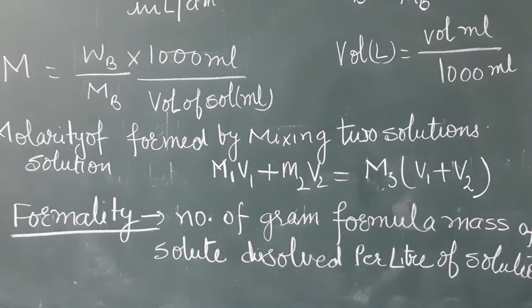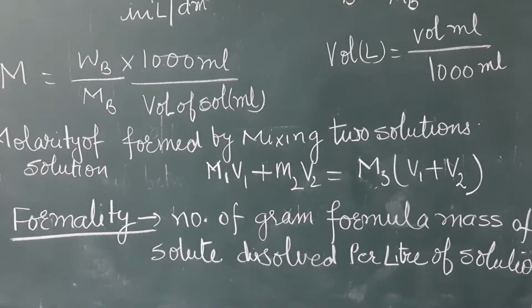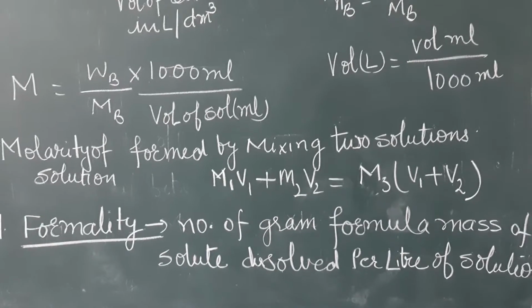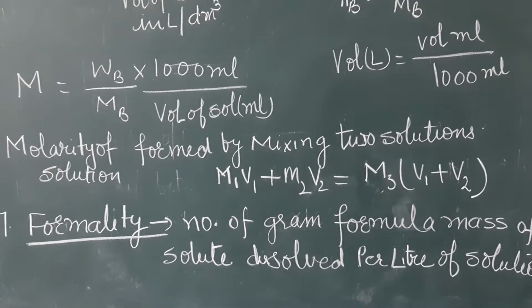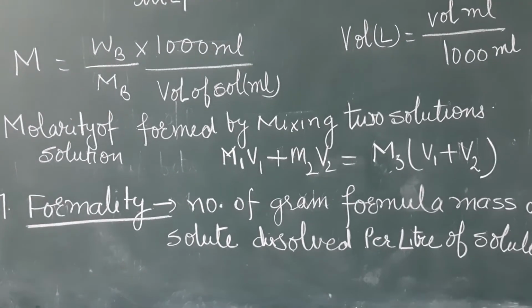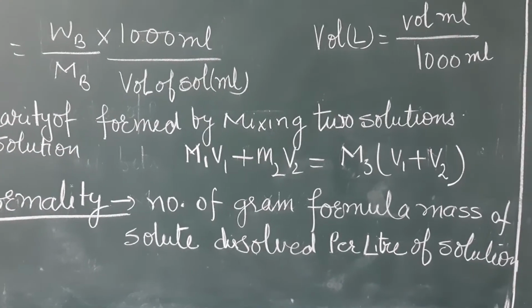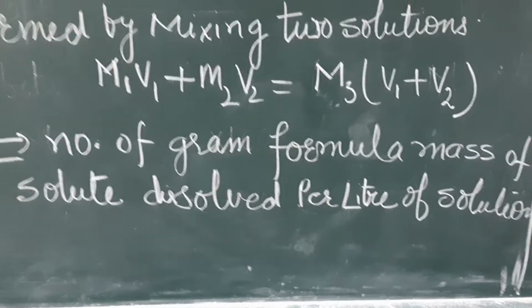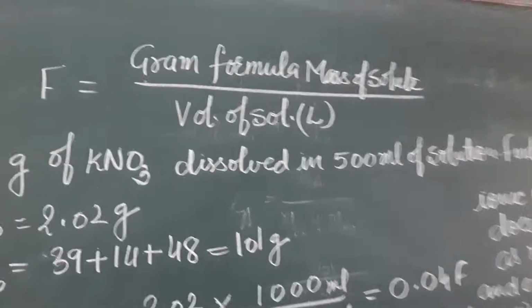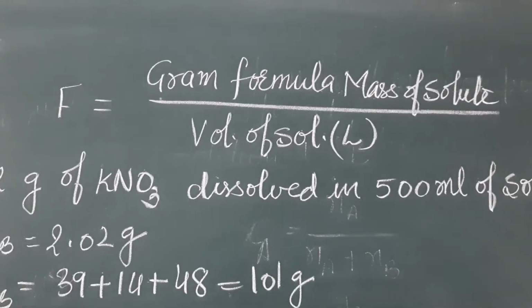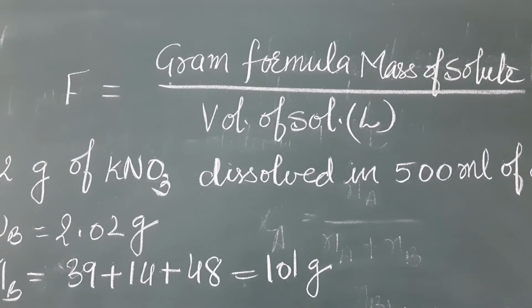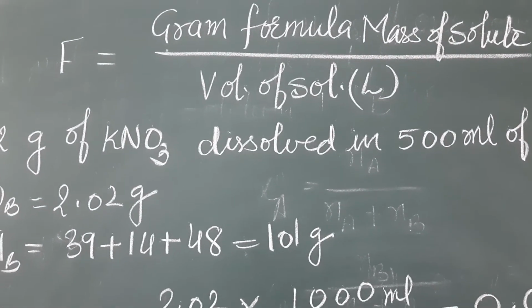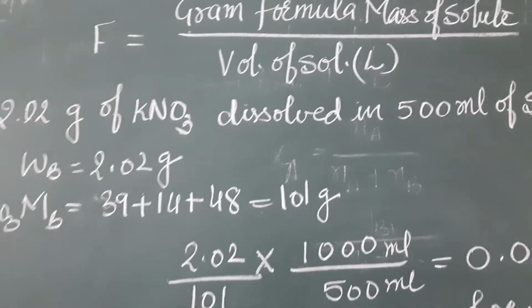So what is formality? In place of moles, we use gram formula mass of solute dissolved per liter of solution. So formality is the number of gram formula masses of solute dissolved per liter of solution. It is represented by F, which is equal to gram formula mass of solute divided by volume of solution in liters.